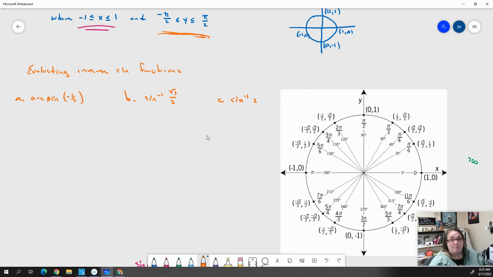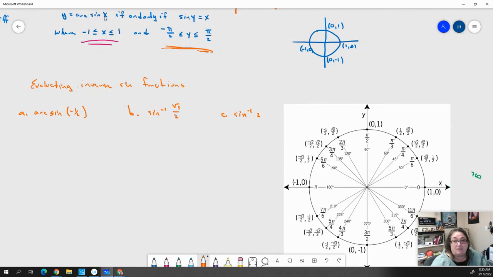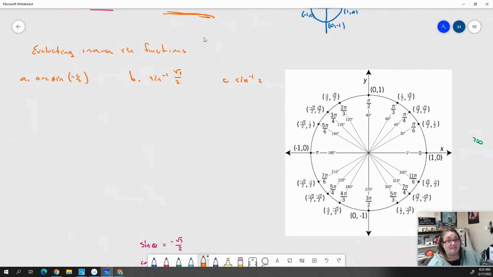When we're looking at a problem like this, it says here, arc sine of x equals y if and only if sine of y equals x. What does that mean? It means that we're inverting this problem. What I have to do now is find what sine equals. When we're solving for A, I have arc sine of -1/2.